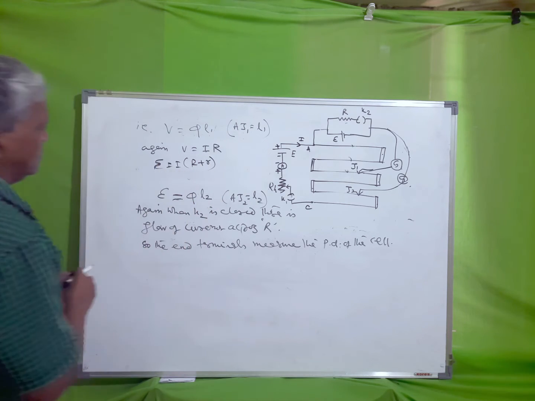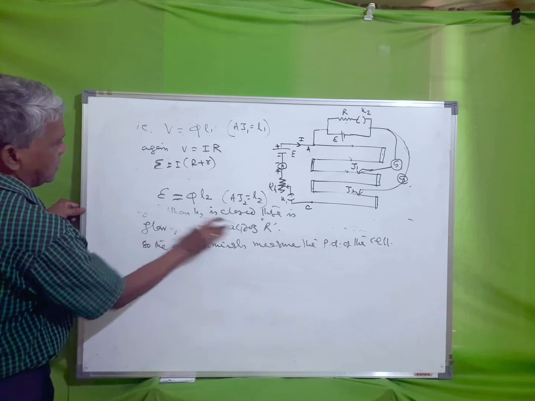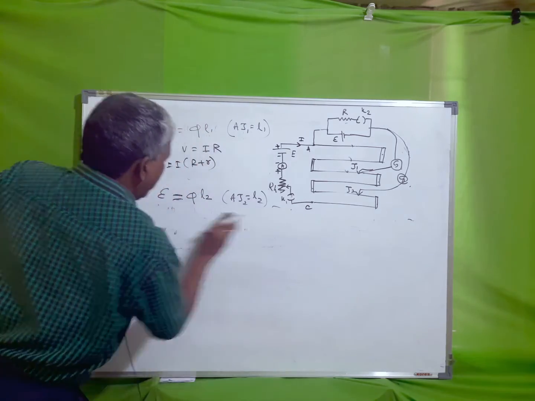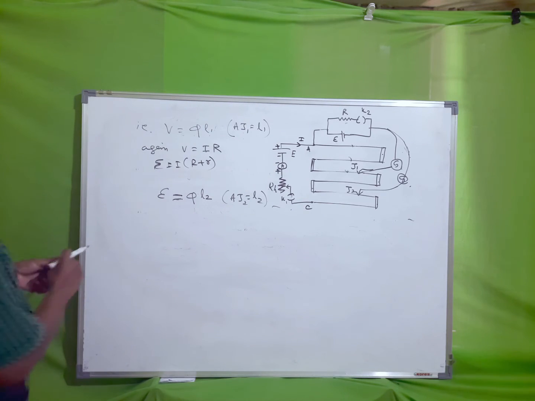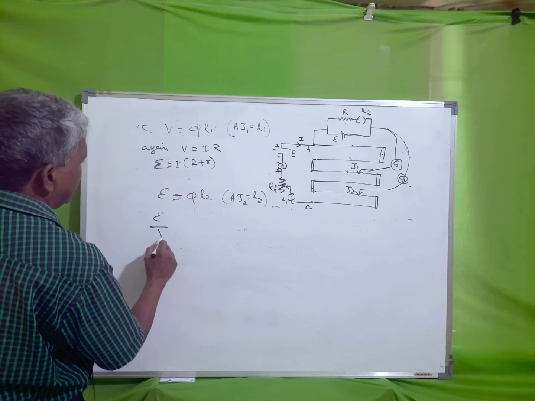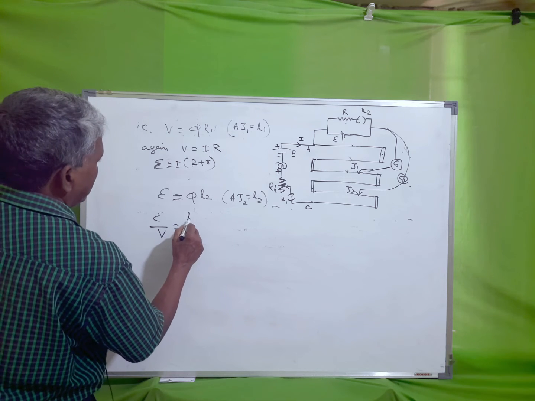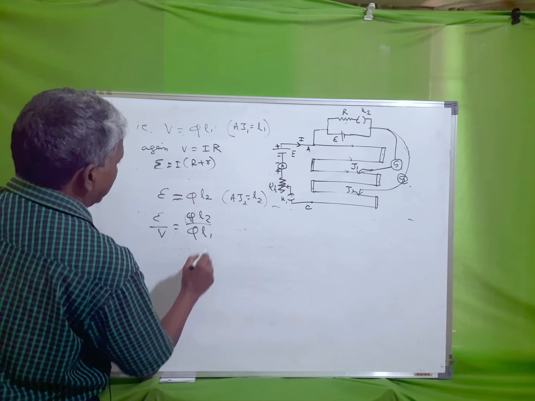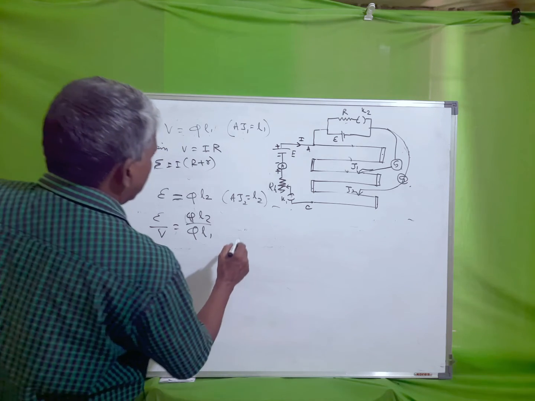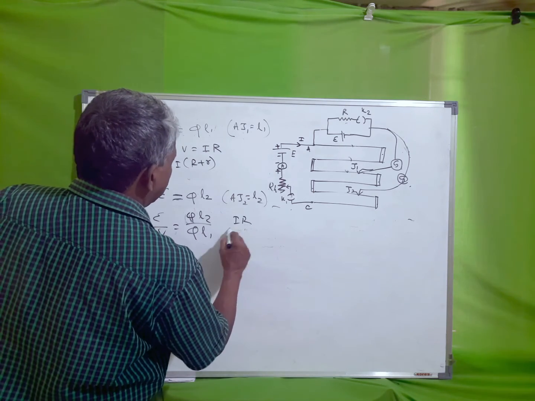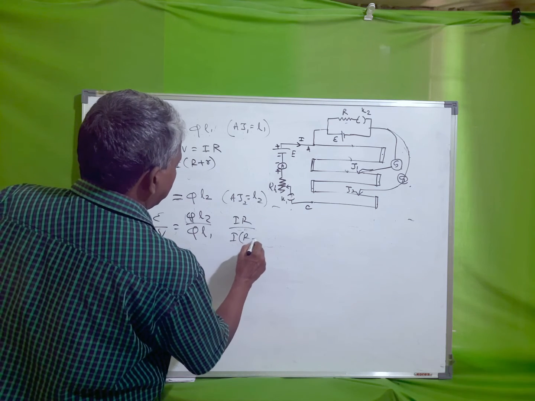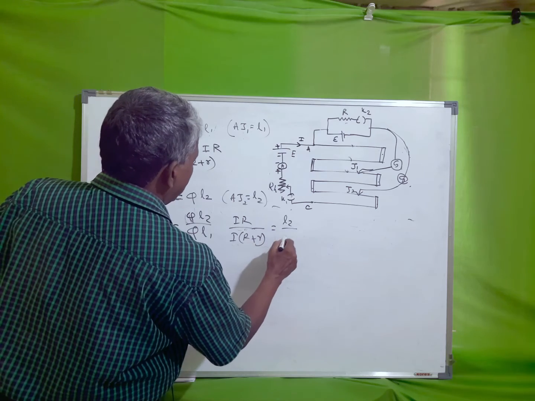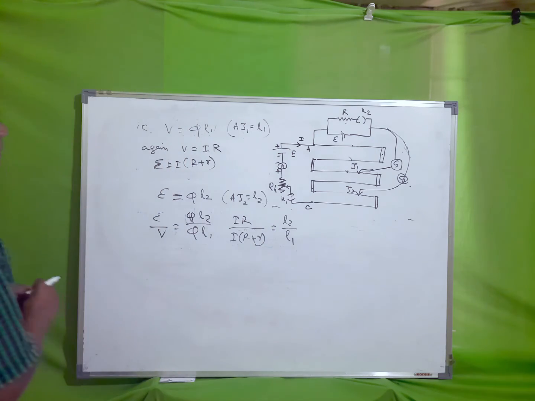So E by V is equal to phi L2 by phi L1, or I into R plus r by I R is equal to L2 by L1.